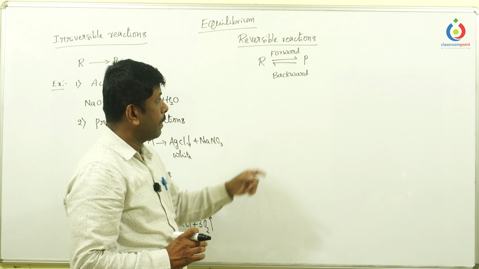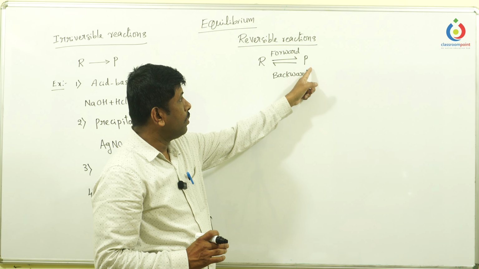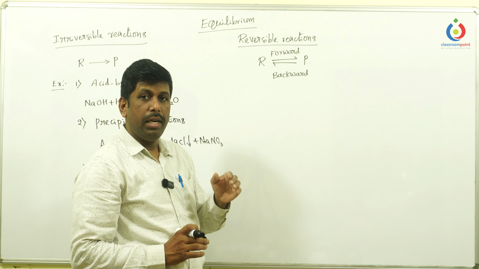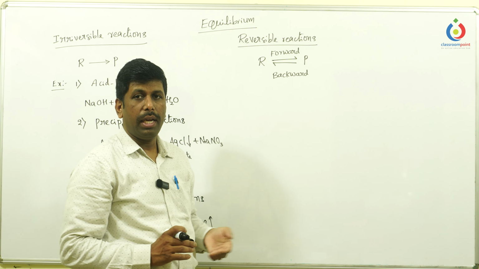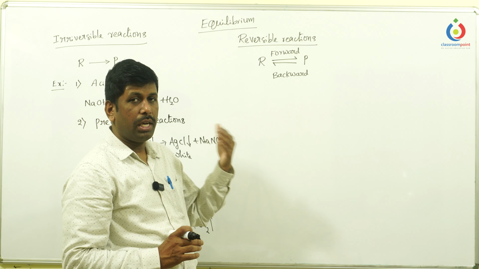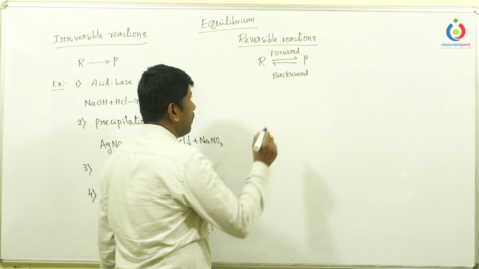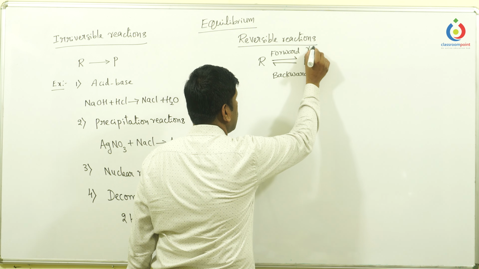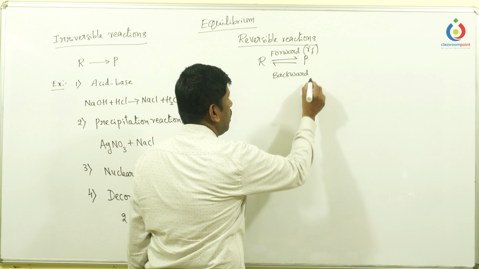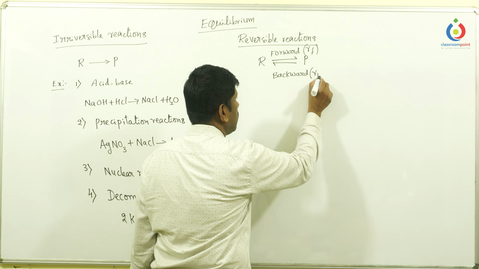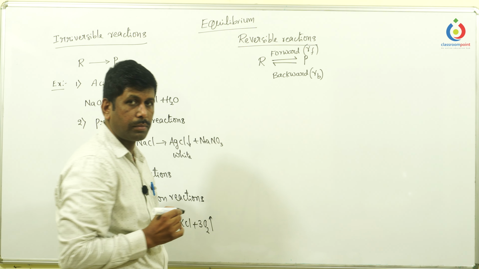At the same time, product also has the ability to convert back into the reactant. The speed of conversion of the product molecules into the reactant molecules is called the rate of backward reaction. For the forward process, the rate is denoted by the symbol RF, and for the backward process, it is denoted by the symbol RB.